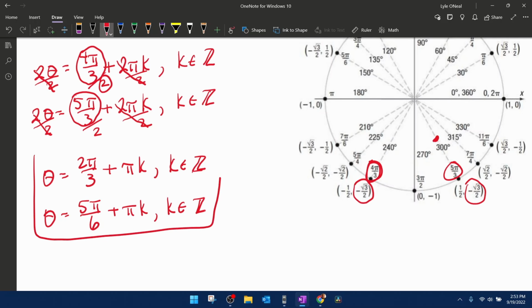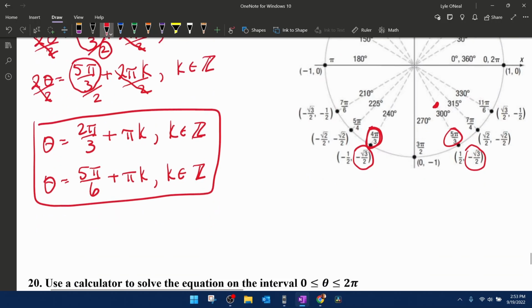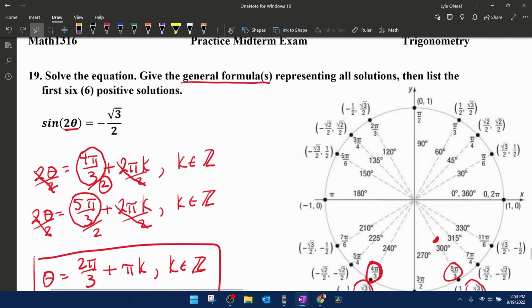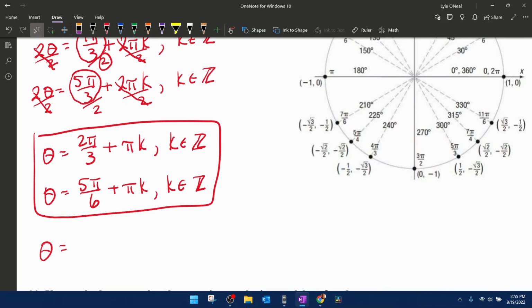These are the general formulas. And then what did it say? It said, then give the first 6 positive solutions. So to generate the first 6 positive solutions, we're going to need to start with k equals 0 and substitute 0 for k in both of these formulas.